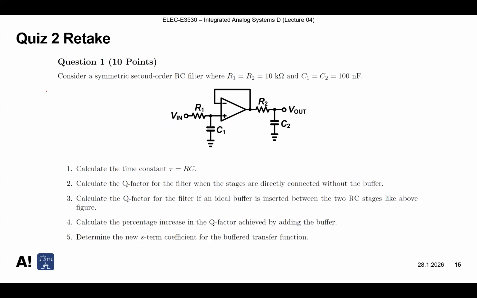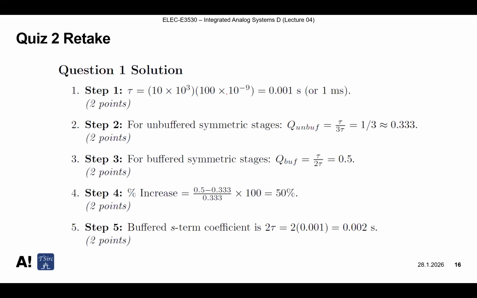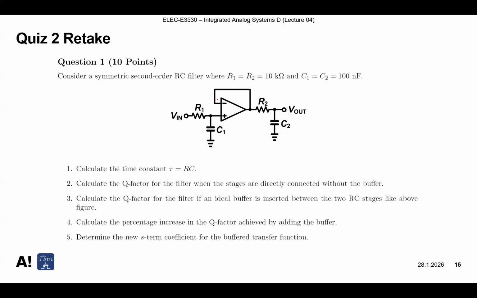So calculate the time constant, tau equals RC, when we take R1 equal to R2 and C1 equal to C2. Then we can simply calculate RC, right? Here, RC. I believe you can do this. And the Q factor for the filter when stages are directly connected without buffer.